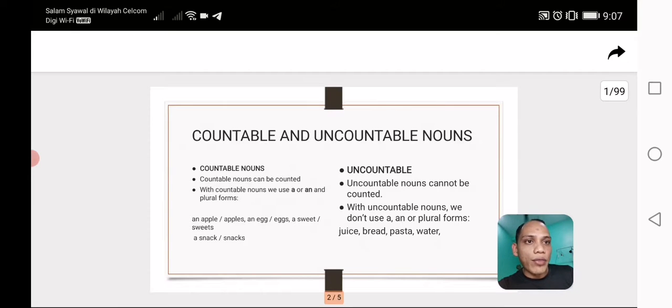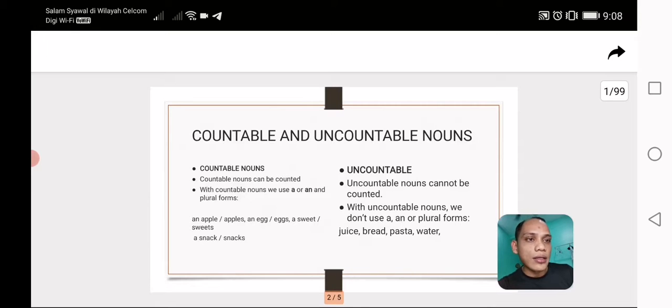With uncountable nouns, we don't use a, an, or plural forms. It means here you have to retain its base form. Kamu kena guna perkataan asal dia. So for an example, in this topic, you can see the words are juice, bread, pasta, water.